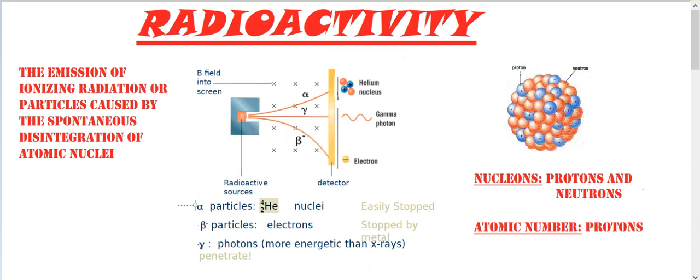There's alpha radioactivity, which affects the nuclei because it takes away 4 from the nucleon number, which is made up of protons and neutrons, and 2 from the proton number, which is the atomic number.